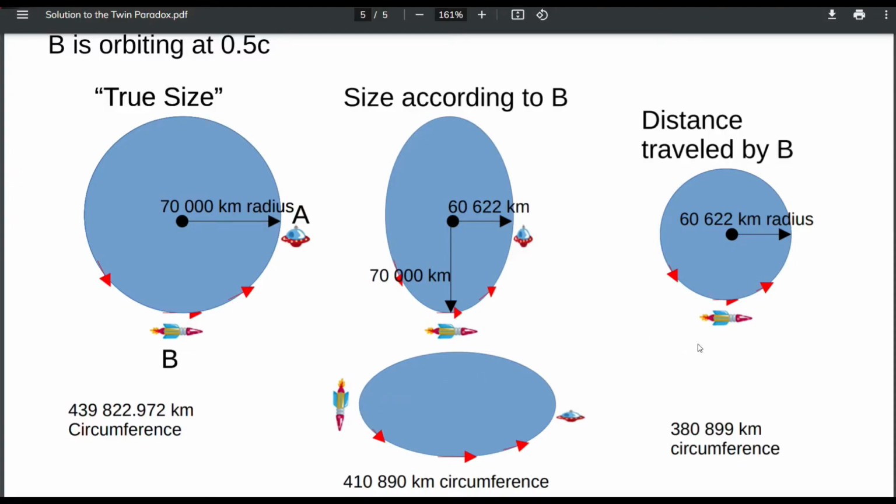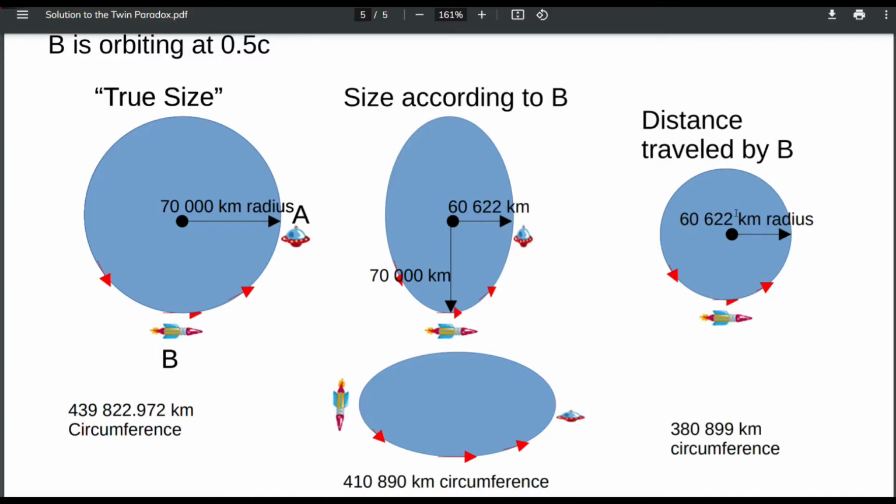But what gets even more interesting is that, suppose there is an odometer on B's spaceship, the true distance traveled by B will actually be only a circle. Not an oval, because B will always be traveling at the shorter side of that oval, so B's true path will actually be a circle, just like the normal size.